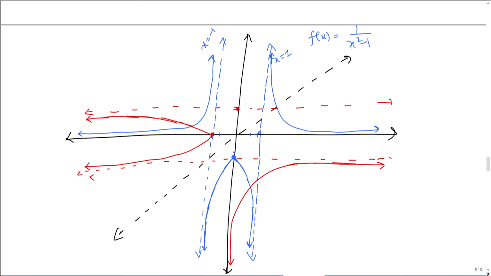What would be the mirror image of this one along this line? Actually, it would remain similar. It would remain in this quadrant. So the mirror image of this line would be, yeah, like this.